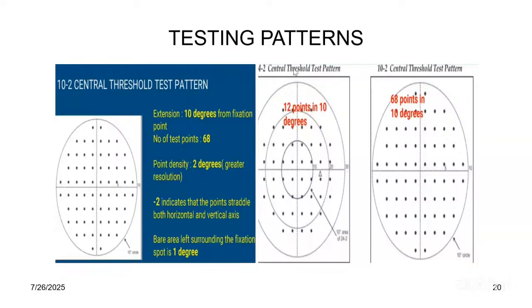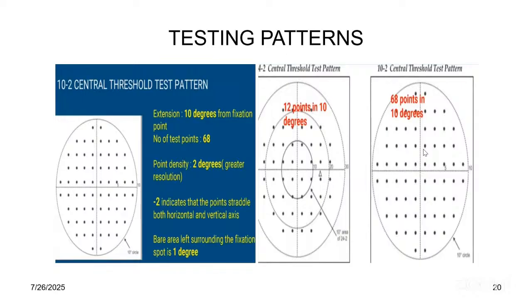So it tests about 68 points. The point density is increased. It's about 2 degrees. And then the bare area is just 1 degree. So you can see how high resolution the testing of the points on the retina is using the 10-2.